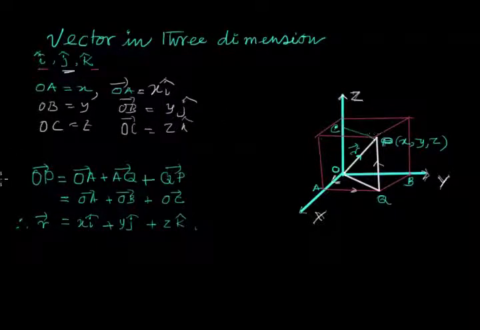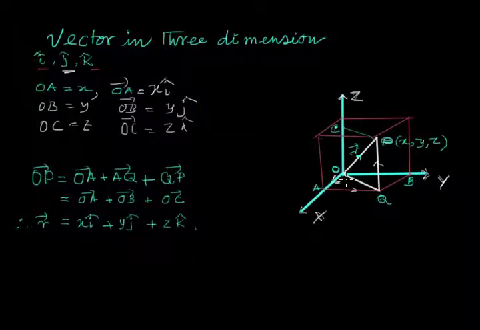So therefore we get OP is equal to OA, then AQ. Actually OQ is parallel and equal to OB, and OB is y j.